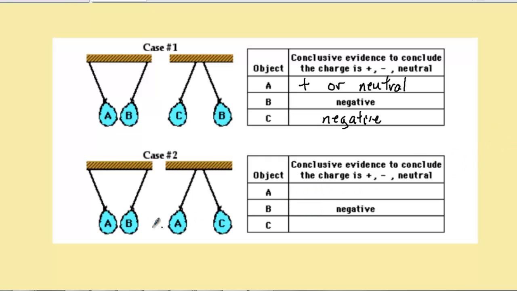So if B is negative, but down here they're repulsed, what does that tell us? Then that tells us that A has to be positive because these two are repulsive, and so they have to be the same sign. So then C has to be positive as well. And I hope that makes some sense to you.